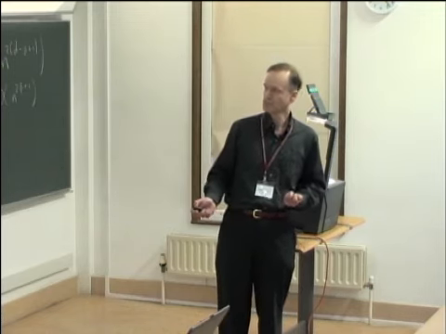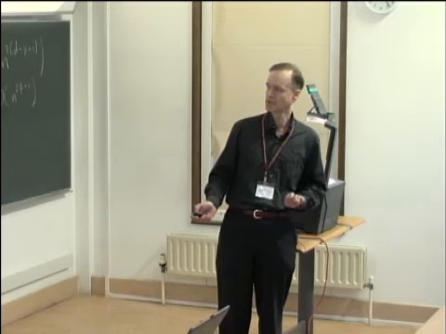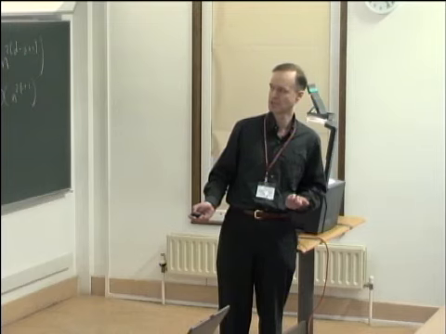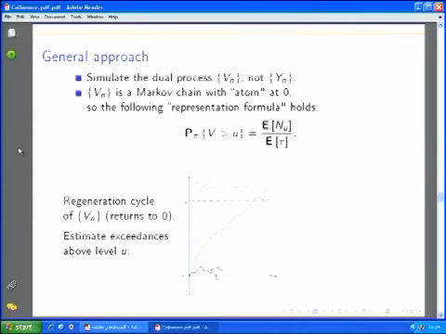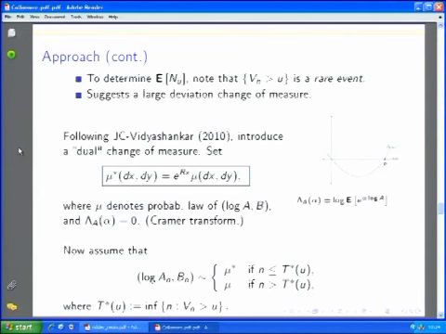A typical cycle might look like this. Under a typical cycle, we would never reach the high level u. So the event that we exceed the high level u is a rare event, and this is what we would like to simulate.